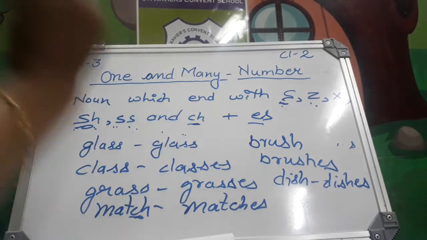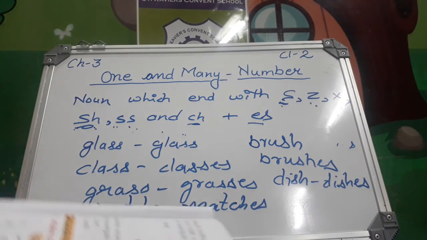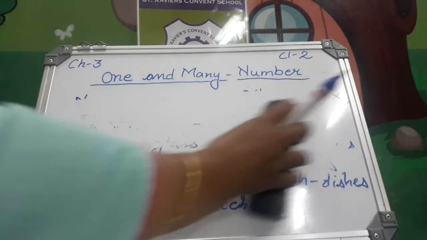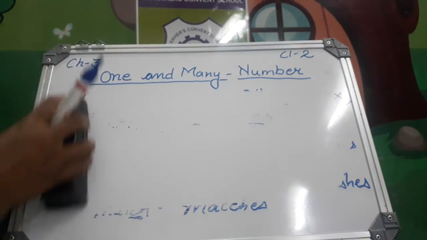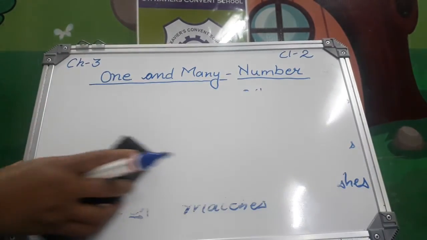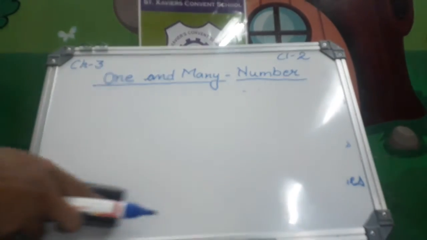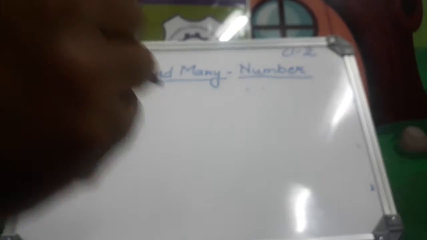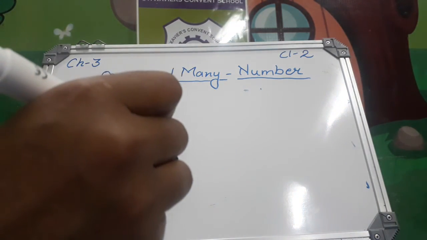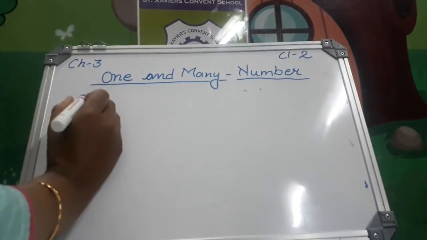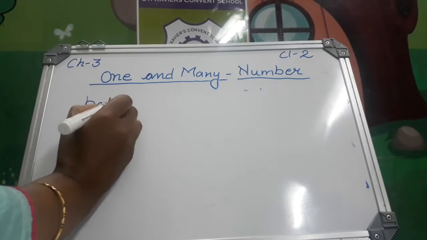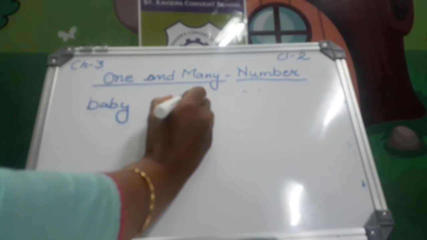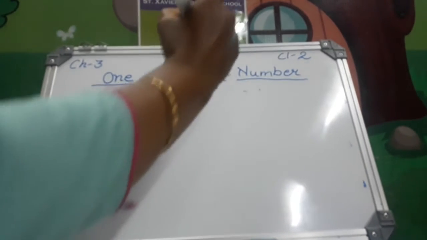Some nouns end with y. Some nouns which end with y, like baby, city, fairy.